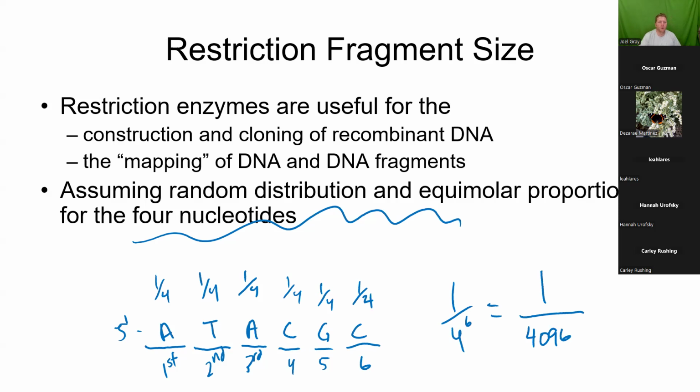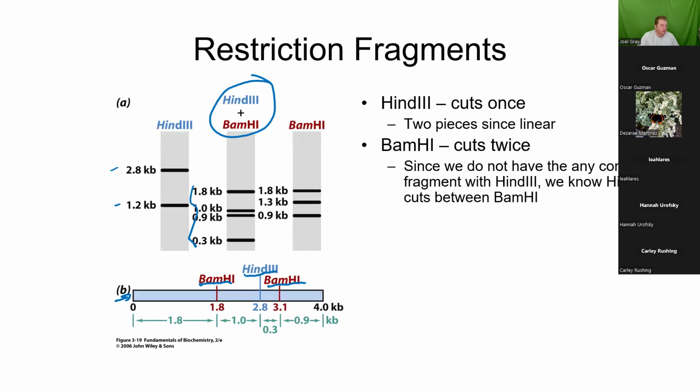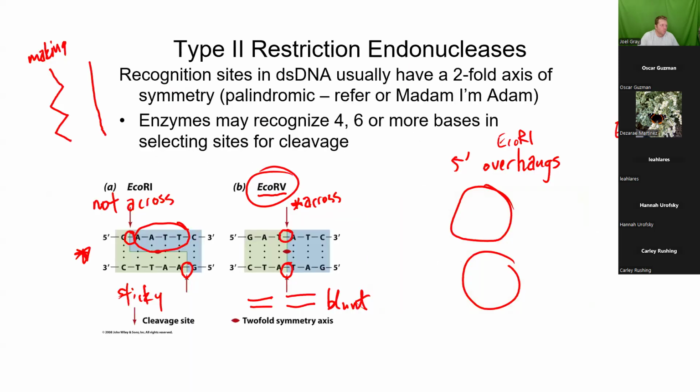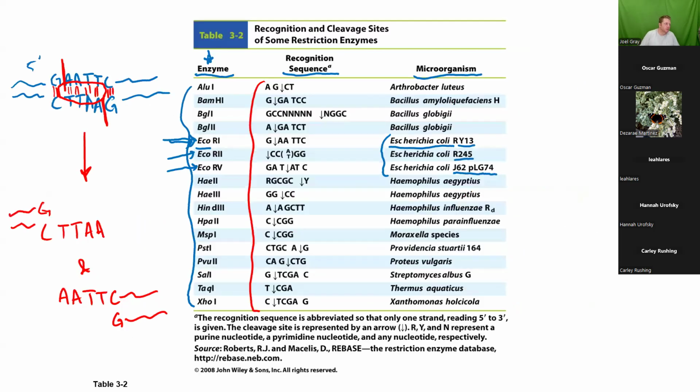So one of the questions that I always like to ask is, what are the chances, or how frequently will you find AGCT in a randomly generated piece of DNA?